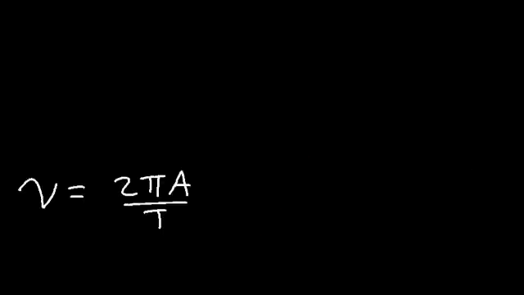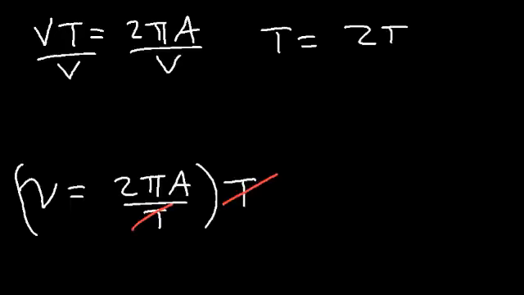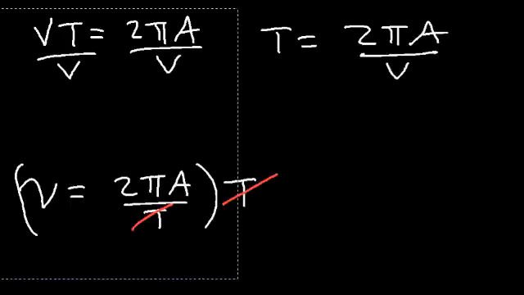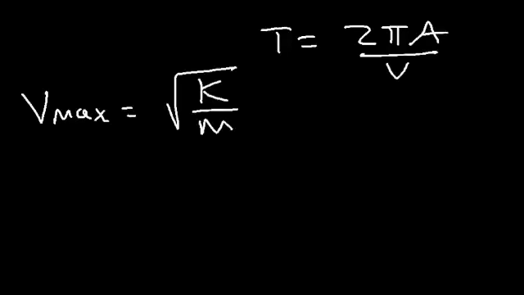Now we no longer need this picture. So at this point, let's multiply both sides by T. So vT is equal to 2 pi a. And now let's divide both sides by v. So the period is 2 pi times the amplitude divided by the velocity. And if you recall, the maximum velocity we said was equal to the square root of k divided by m times a.